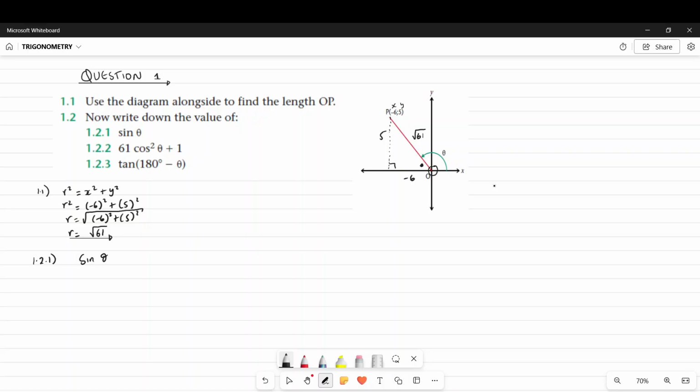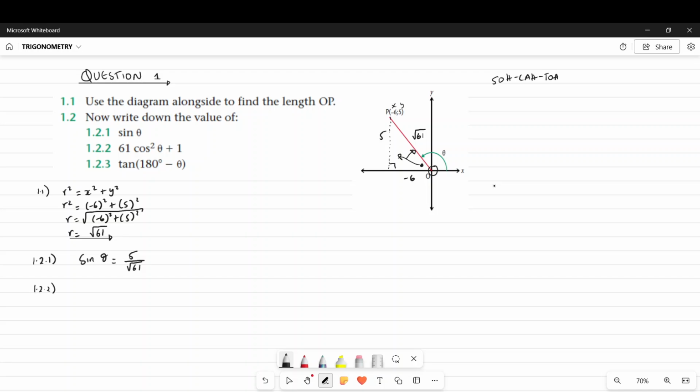So we say opposite over hypotenuse. Remember to have SOHCAHTOA on the side. So sine theta will be equal to opposite, which is 5, all over square root 61.